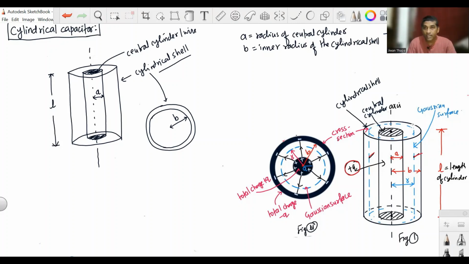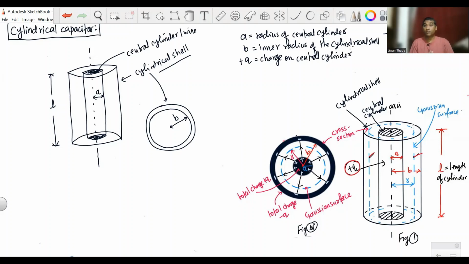So we can see in figure 1, we have a central cylinder and we have a cylindrical cell, and they are concentric, and A is the radius of the central cylinder and small b is the radius of the cylindrical cell, and L is the length of the cylinder. Clear? Now let plus Q be the charge on the central cylinder.